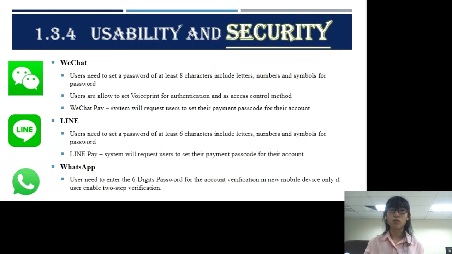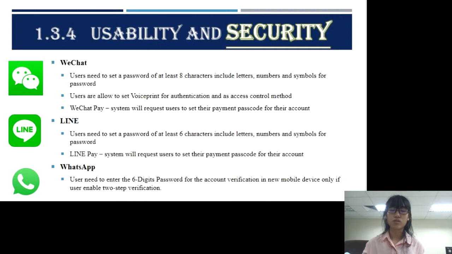The first one is WeChat, where users need to set a password of at least 8 characters, including letters, numbers, and symbols, and users are allowed to set a voiceprint based on their preference as an authentication and access control method. Because WeChat includes the WeChat Pay feature, the system will request users to set a payment passcode for their account.